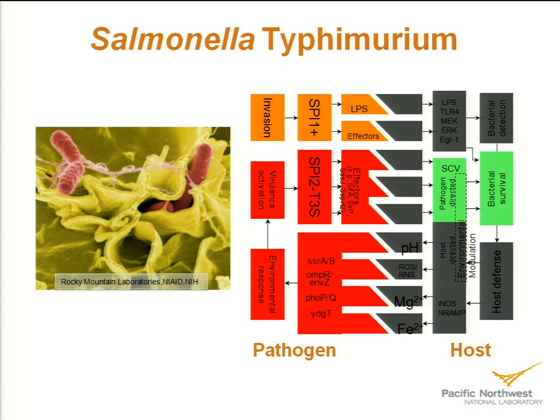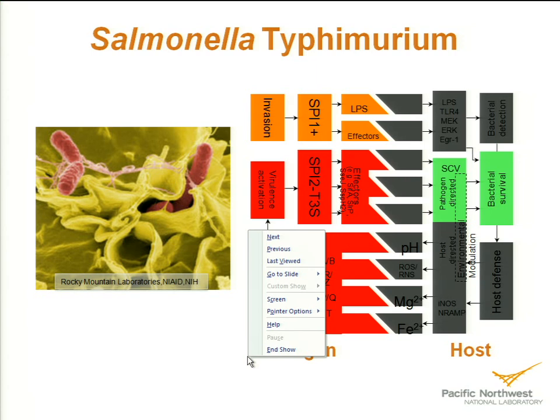These are genetically distinct regions that encode 2 separate type 3 secretion systems. Again, the type 3 secretion system's job is to inject these effector proteins into the host cell where they can go and muck with the host cell network. For Salmonella Typhimurium, there are about 37 known secreted effectors, which I'll talk about in a minute.